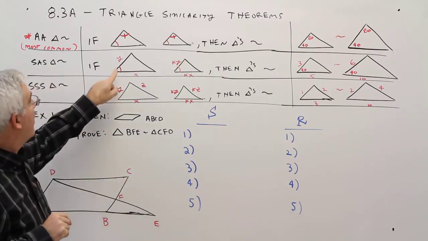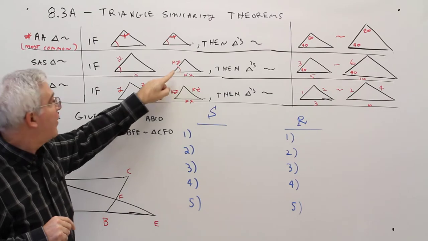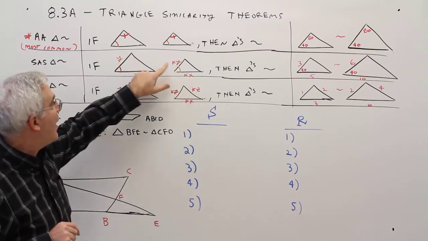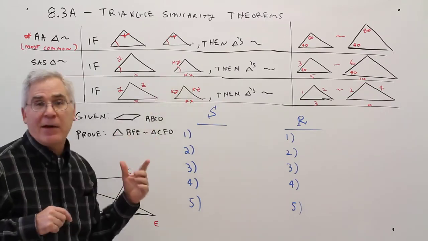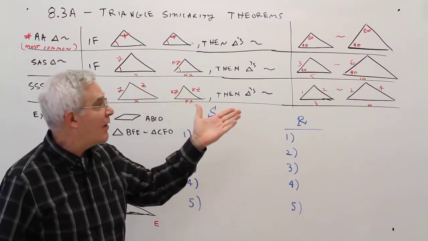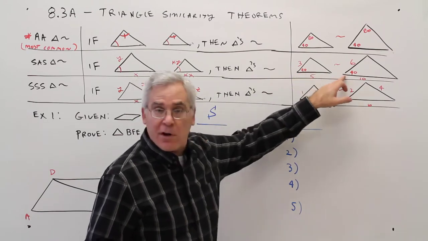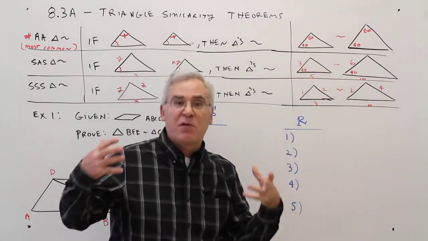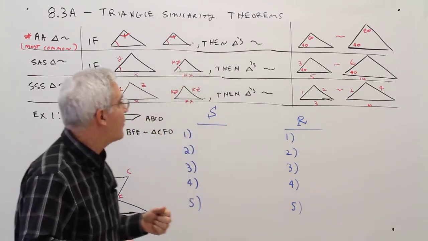So here's an example. This angle is congruent to this angle. This side and this side are in the same proportion as this side to that side. The scale factor is K. So for a concrete example, 40 degrees, sandwiched between a 5 and a 10 and a 3 and a 6, both with a doubling scale factor.